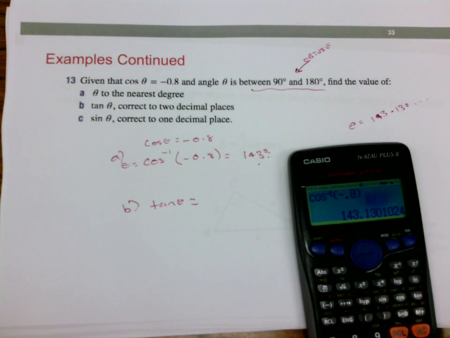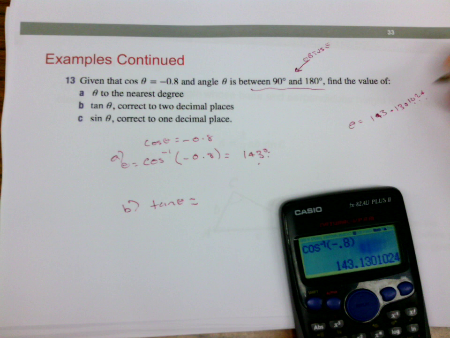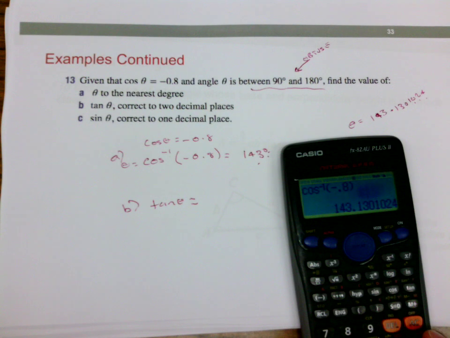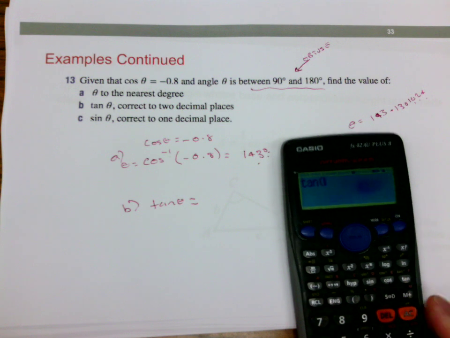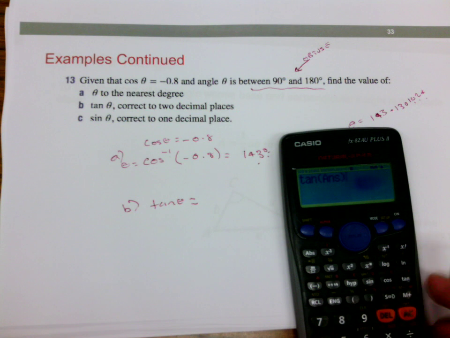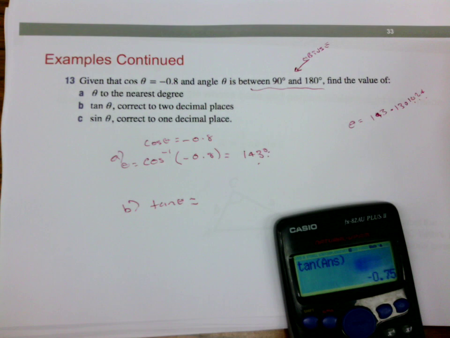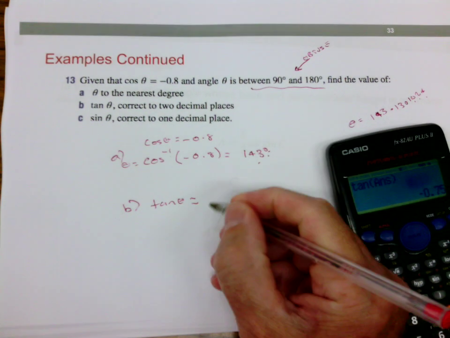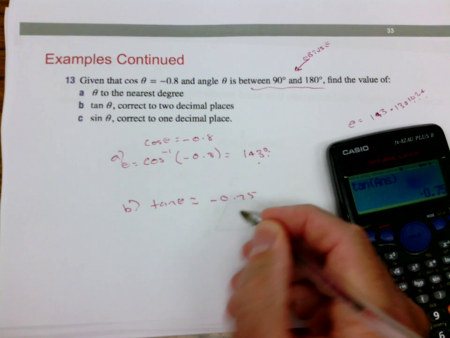I've got to keep all those places, and it's in my calculator, so the nice way around that is I can just go tan, then tan answer. That brings back the 143. Press equals, and I get minus 0.75. So tan theta equals minus 0.75. It's not an angle, it's a ratio when you're pressing that.